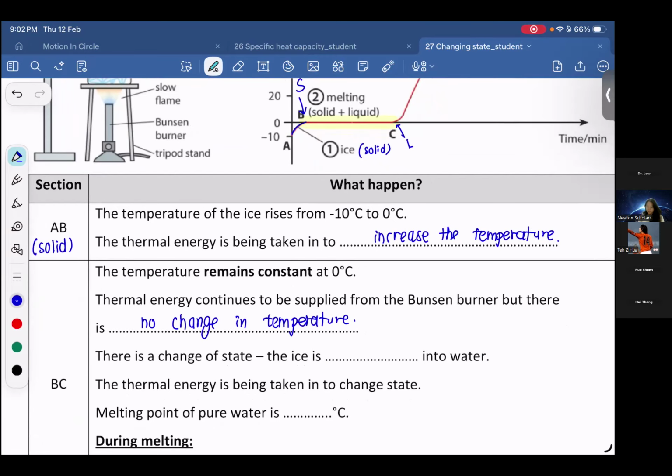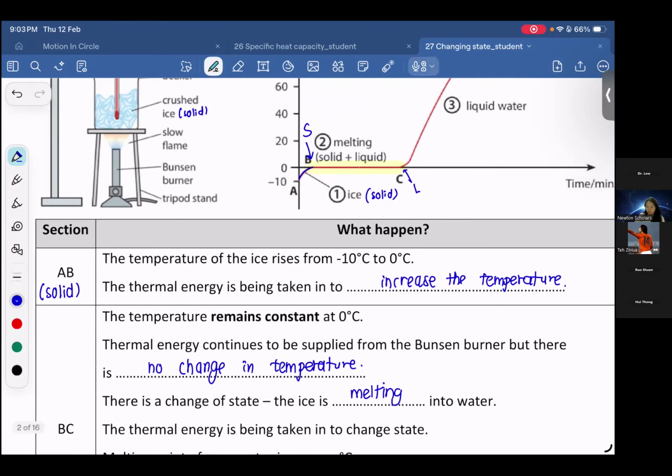Okay, there is a change of state, which is the ice melting into water. Keyword: melting. So I know that is a change of phase. Thermal energy is being taken in to change the state. Now the melting point for pure water, we look at this. This is the melting point.